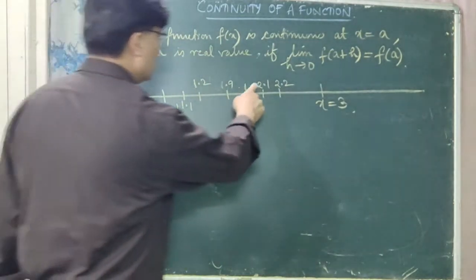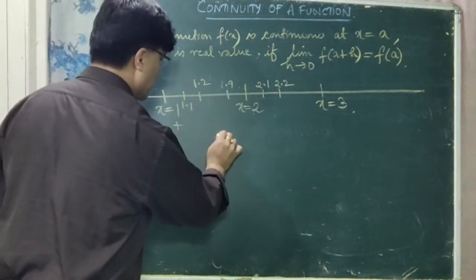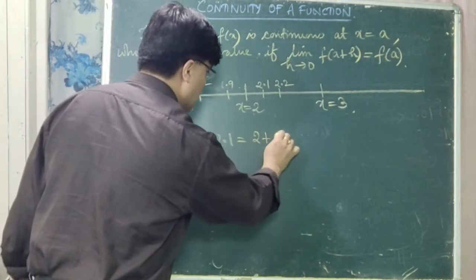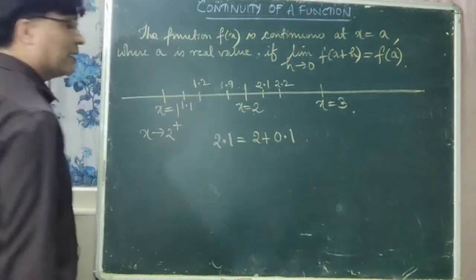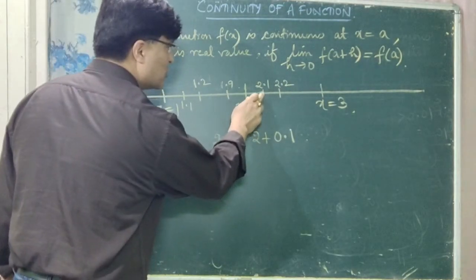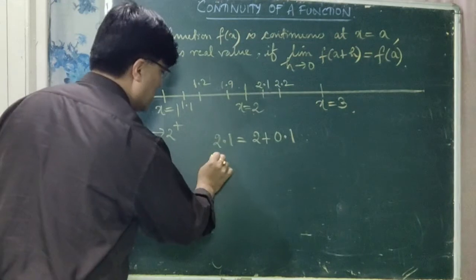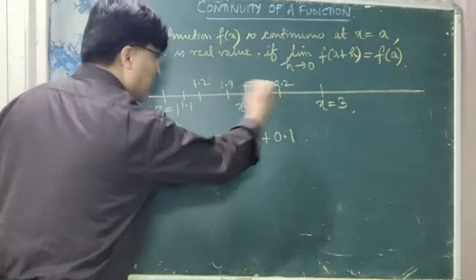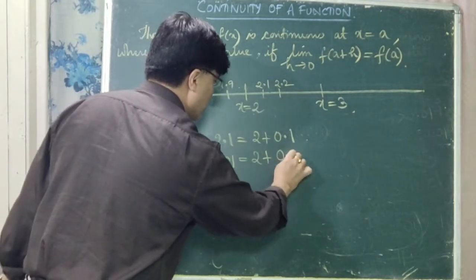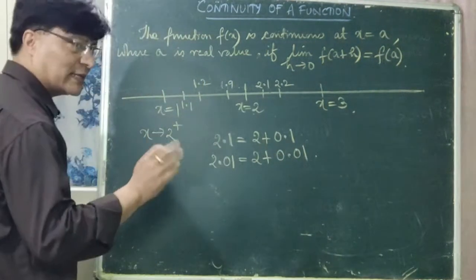Okay, now this is 2.1. So 2 plus 0.1, you can write it like this, isn't it? Before this 2.1, you may have 2.01. 2.01 means again we are approaching towards 2, which is equal to 2 plus 0.01. Is that clear?